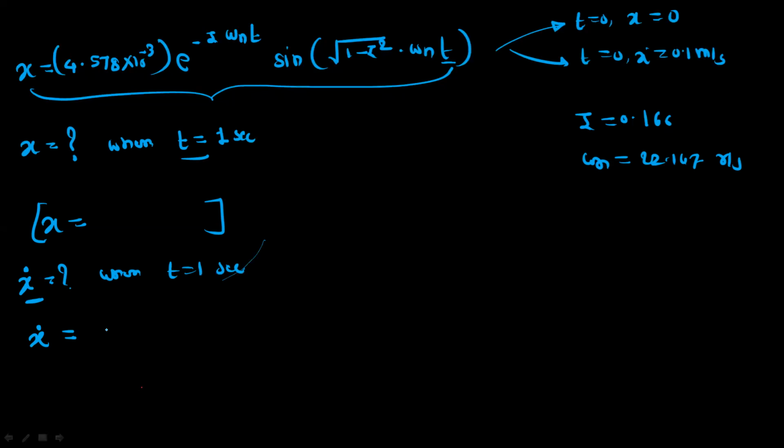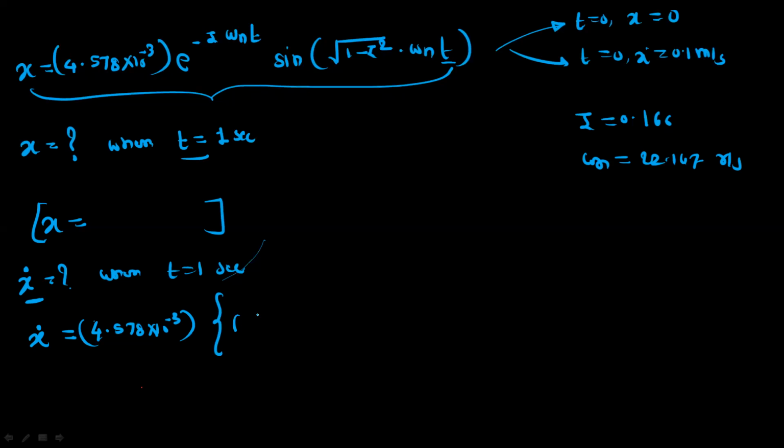So x dot is, this term is constant, 4.578 10 raised to minus 3. In the bracket, use the product rule for the differentiation.